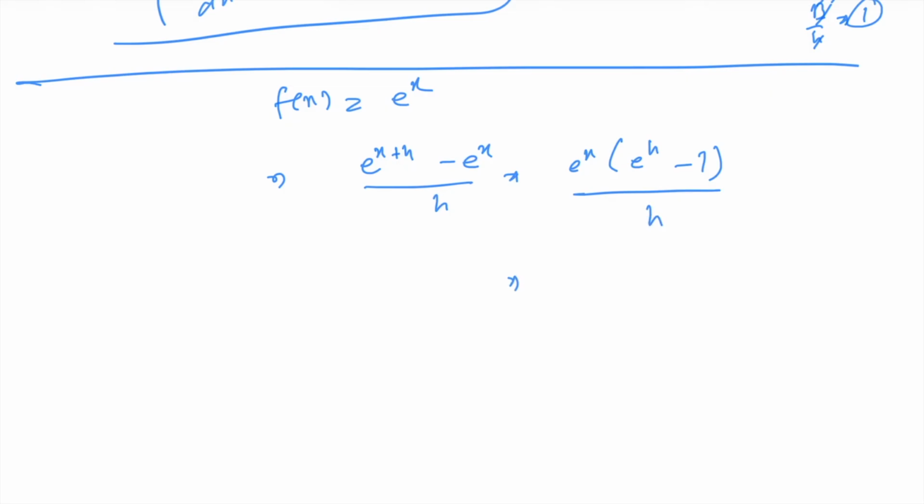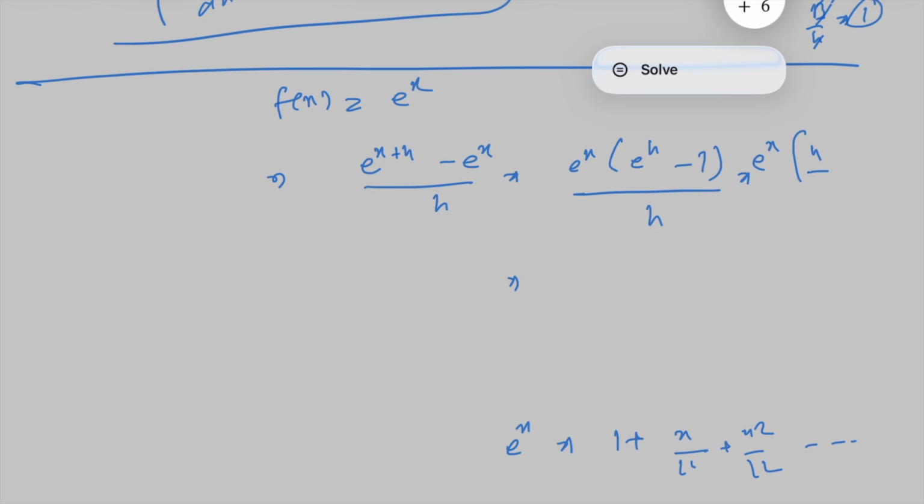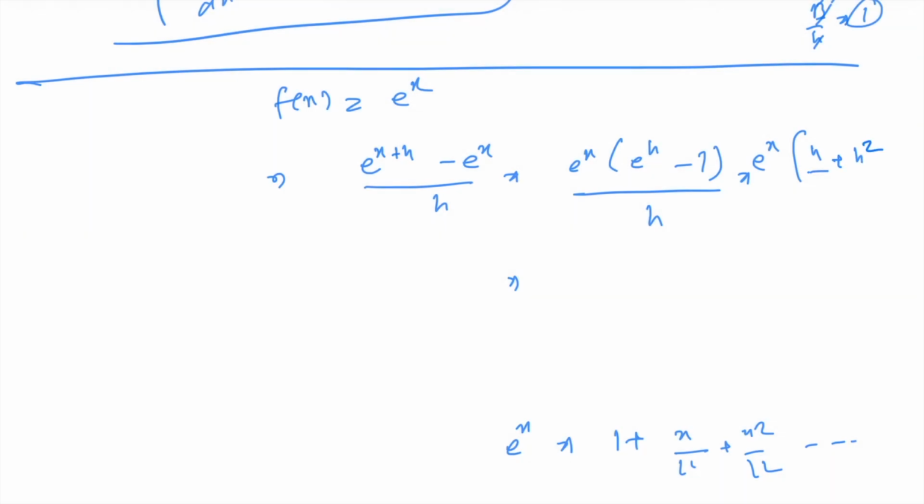Now using Taylor series, if you remember, the e^x expansion comes like 1 + x upon factorial 1 + x square upon factorial 2, something like this, right? Now e^h - 1, we can write h upon factorial 1 + h square upon factorial 2 and so on.